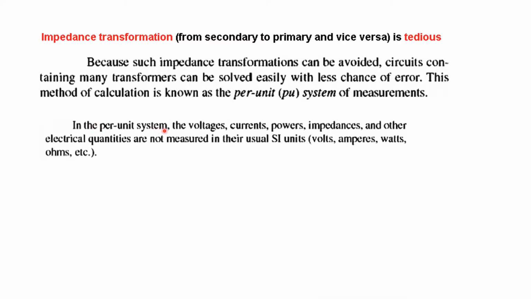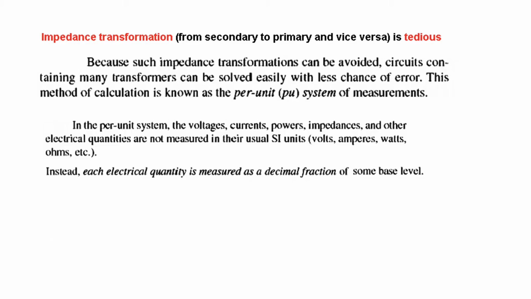In the per unit system, the voltages, currents, powers and impedances and other electrical quantities are not measured in their usual SI units, that is, they are not measured in volts, amperes, watts, ohms, etc. Rather, each electrical quantity is measured as a decimal fraction of some base level.